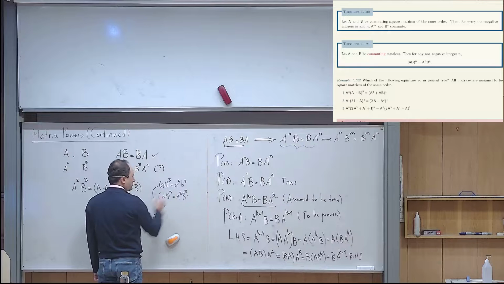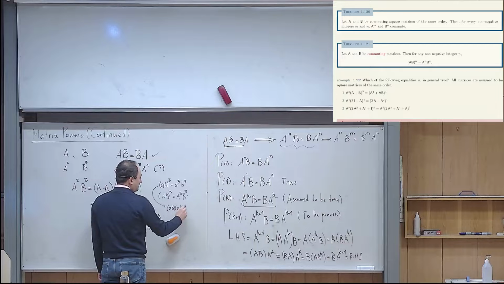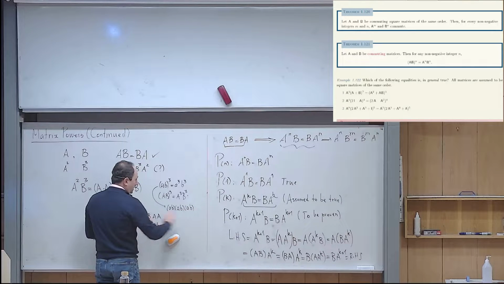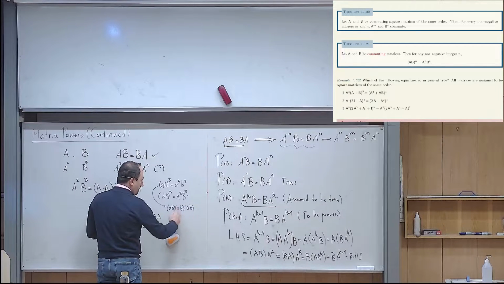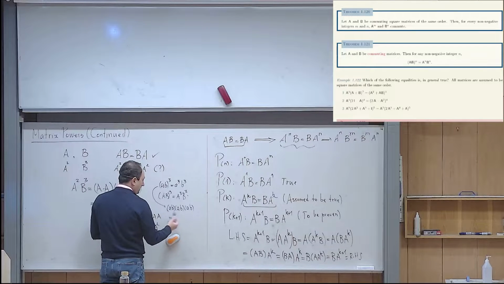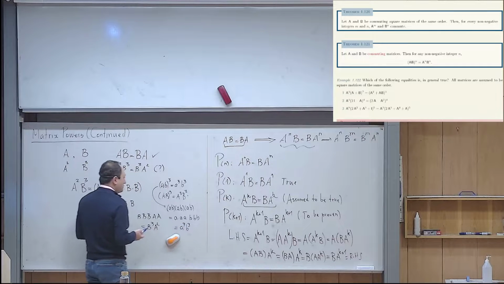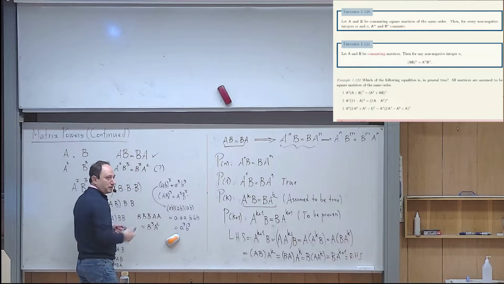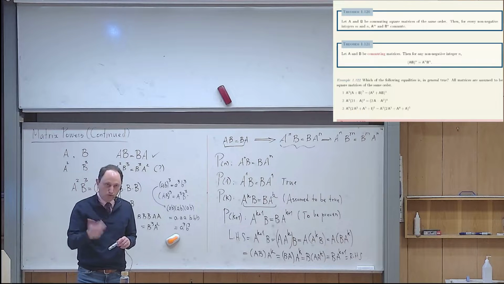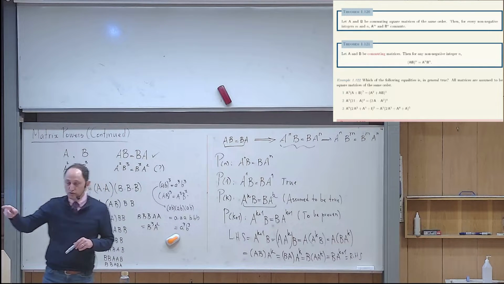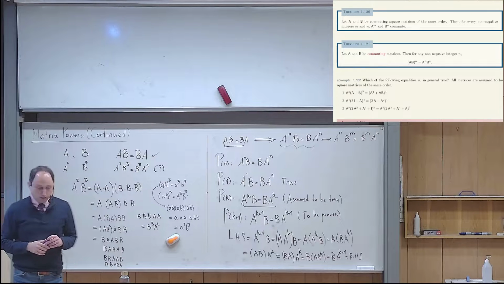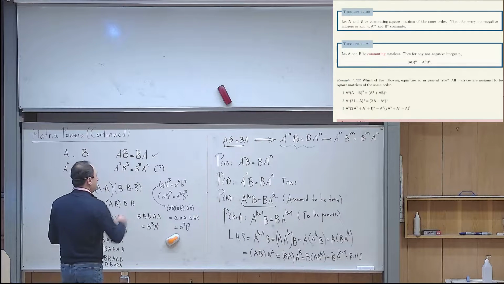If I wanted to prove this in Math 1C, I would write it 3 times, and then I can interchange A and B because commutativity is valid. Then I will have all A's on the left side, all B's on the right side, so A to power 3, B to power 3. So you have some right to be suspicious that this might not be true for matrices, because we do not have commutativity. This is another deviation from number algebra. I want you to make sure that you understand that.